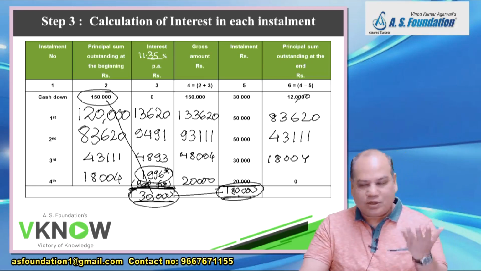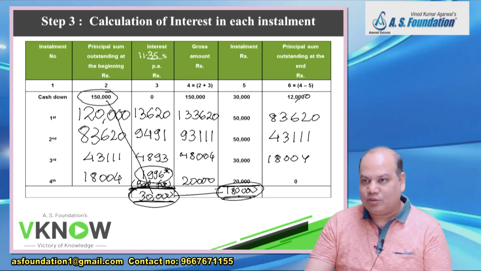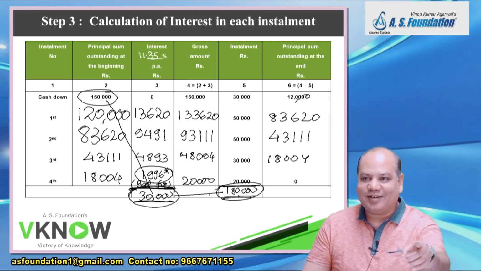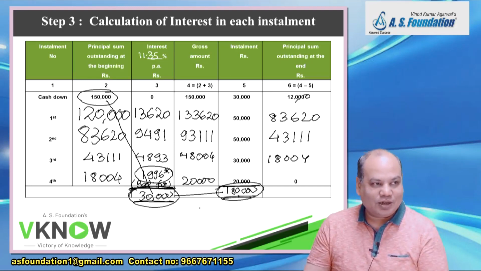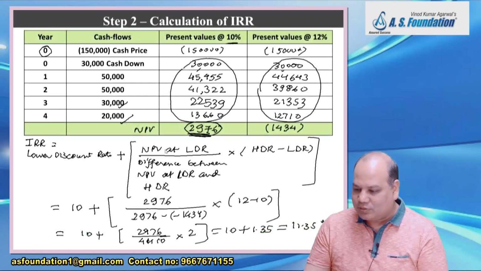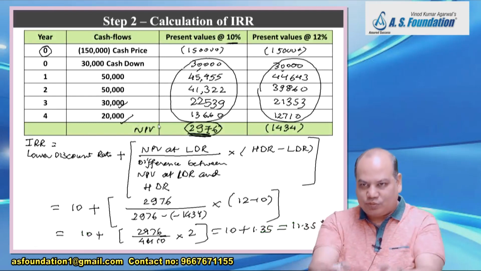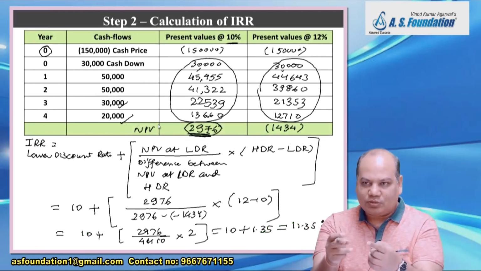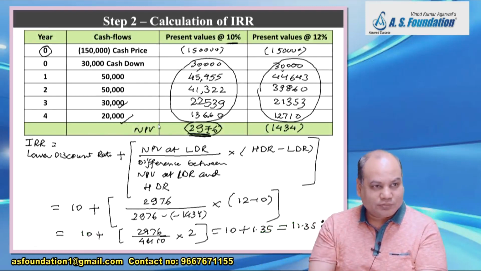Okay, this is how these companies charge you the installment. And now you can find out how much rate of interest they are charging you using IRR. And then you will realize they fool you so much. Just do this calculation. Write all cash flows in one column, and in year 0 write the cash price, and use this technique.